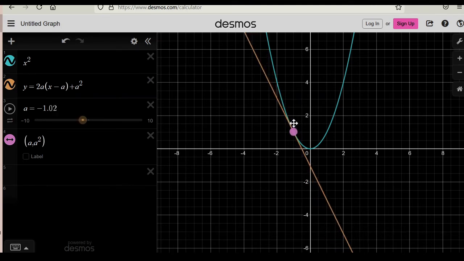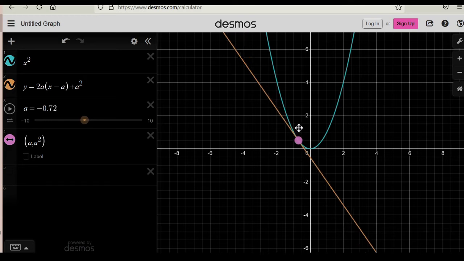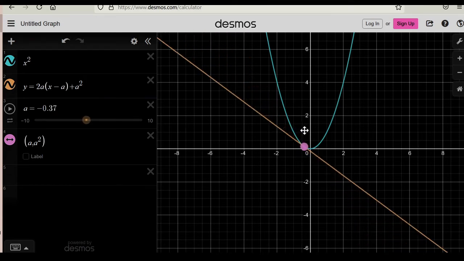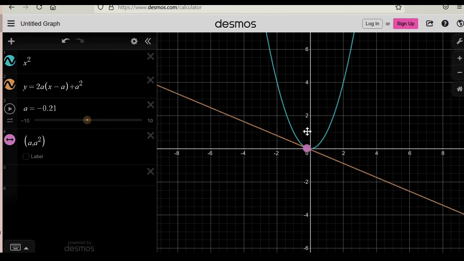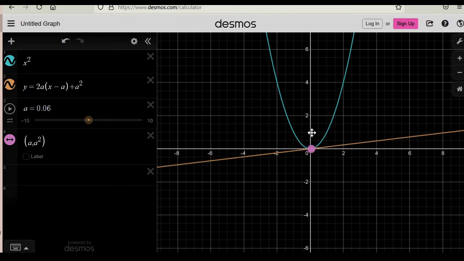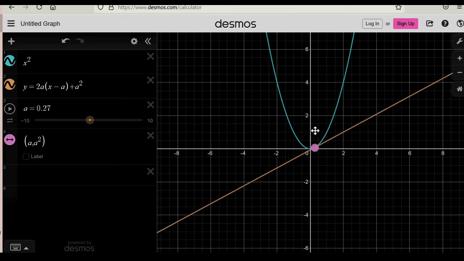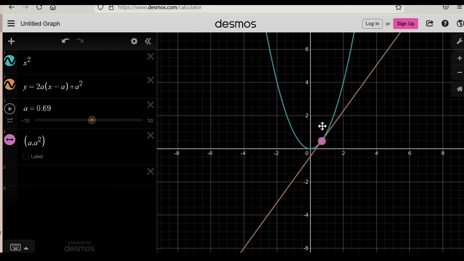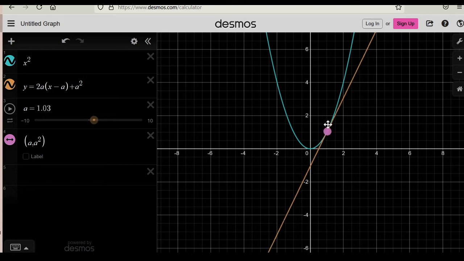As I move the point of attachment toward the right side, notice that the tangent line is beginning to pull upward. In the beginning it was pointing straight down almost, but as that point of attachment moves further to the right side, the tangent line is beginning to pull up more and more and more.